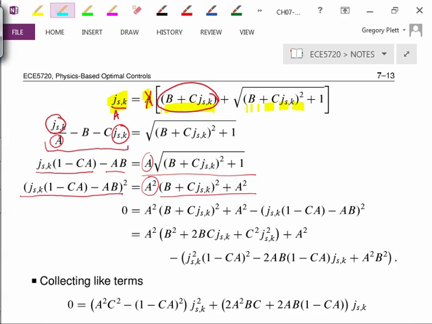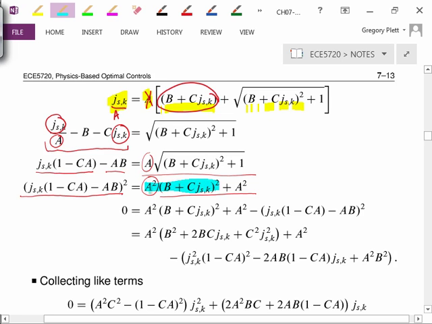Let's see if we can follow what happened here. So this is that, and this is that. And notice that this here is that, so I've just brought it all over to the right-hand side.